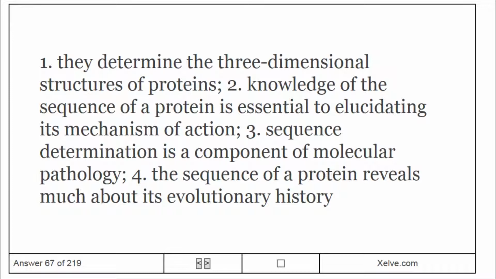They determine the three-dimensional structures of proteins. 2. Knowledge of the sequence of a protein is essential to elucidating its mechanism of action. 3. Sequence determination is a component of molecular pathology. 4. The sequence of a protein reveals much about its evolutionary history.